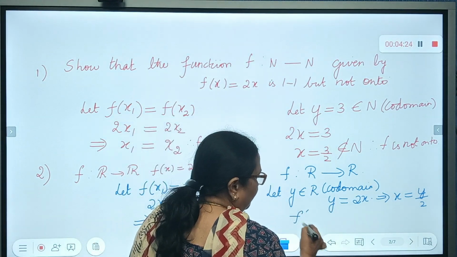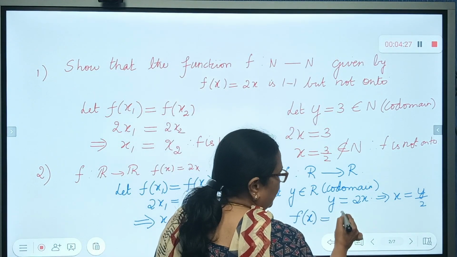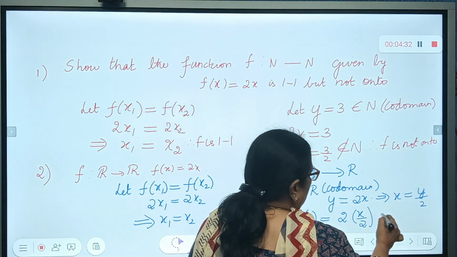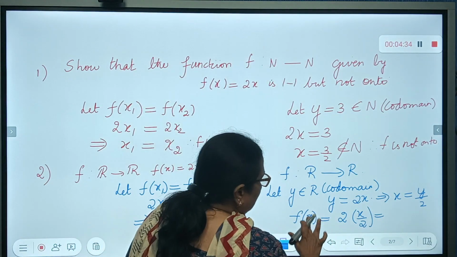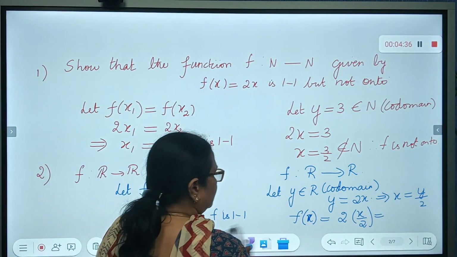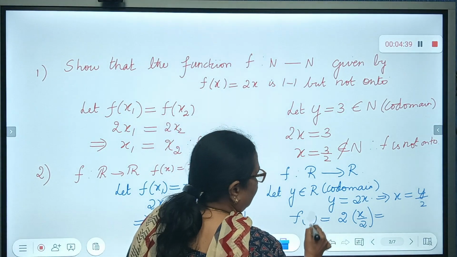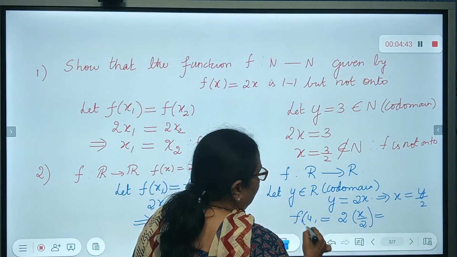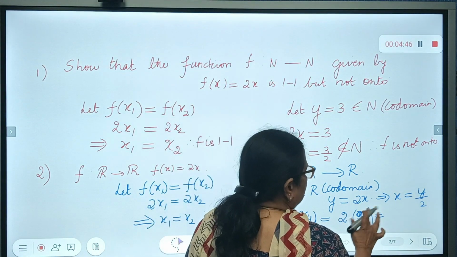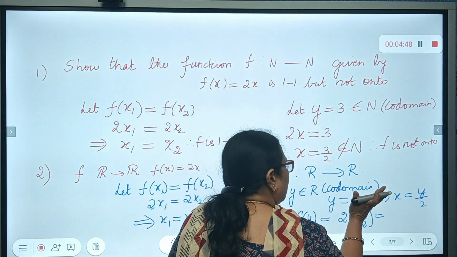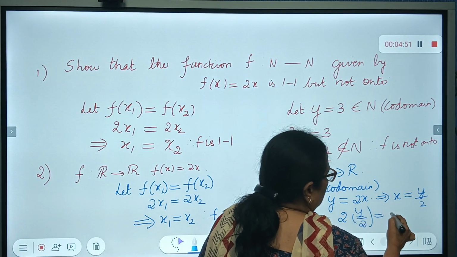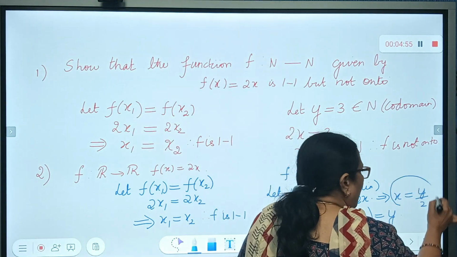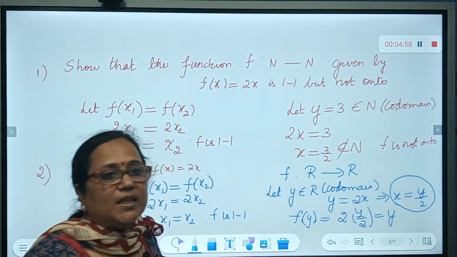Therefore, f of y will be 2 times y by 2, which is y. So, if I take x equal to y by 2, then I can define the pre-image.